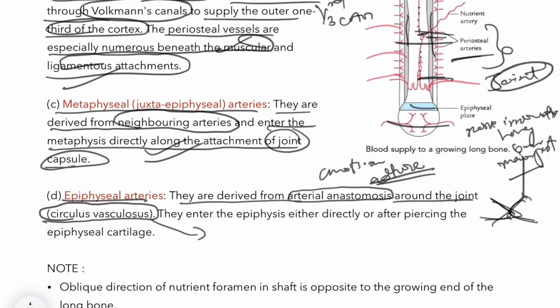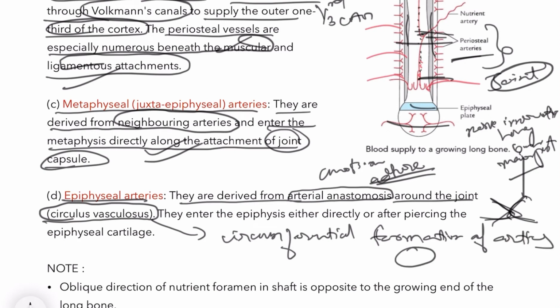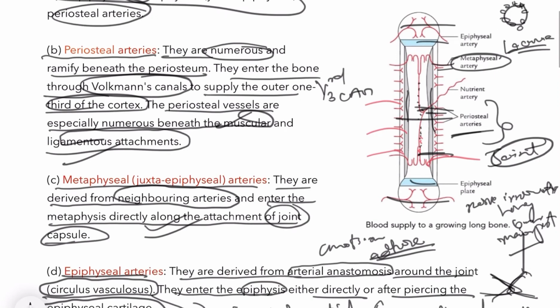Circum means circumferential formation of arteries, that is like this, where the arteries are formed, and they enter the epiphysis either directly or by piercing the epiphyseal cartilage. So either they pierce the cartilage or they directly enter it. Getting it? This is the epiphyseal artery. So sometimes they pierce and sometimes they enter directly.